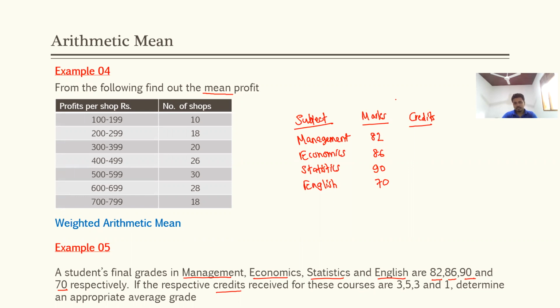For business communication and computer applications, these two subjects have been allocated 2 credits. So here the credit value allocated for management is 3, for this one it is 5, for this one it is 3, and for this one it is 1.